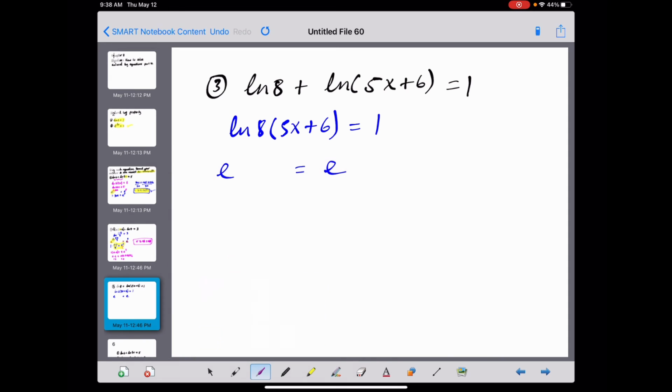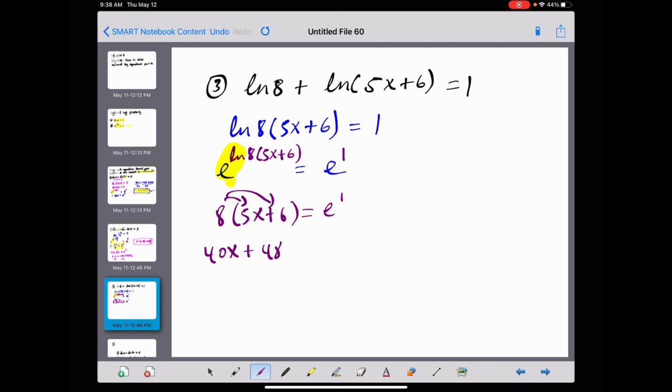Then put e on the left and on the right: ln of 8(5x plus 6), and then e to the 1. So this right here, e to the ln becomes a 1. Then we're going to bring down 8 times (5x plus 6) equal to e to the 1 power. Okay, multiply in the 8. We have 40x plus 48.